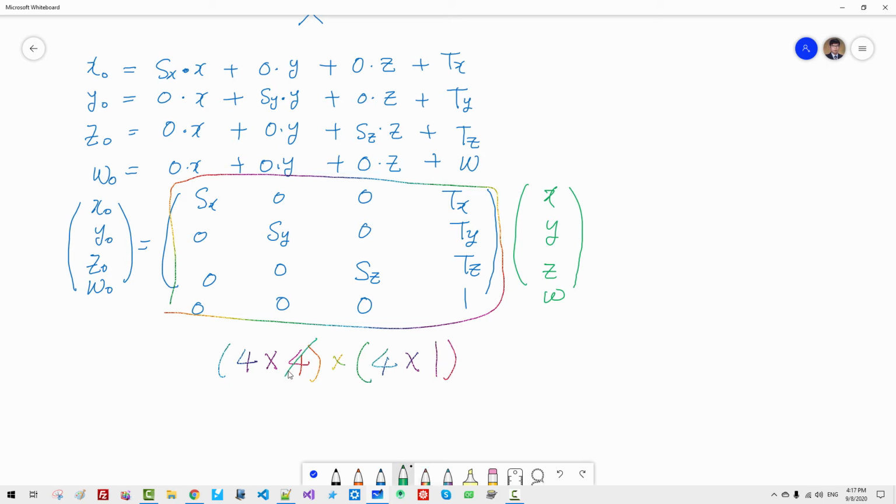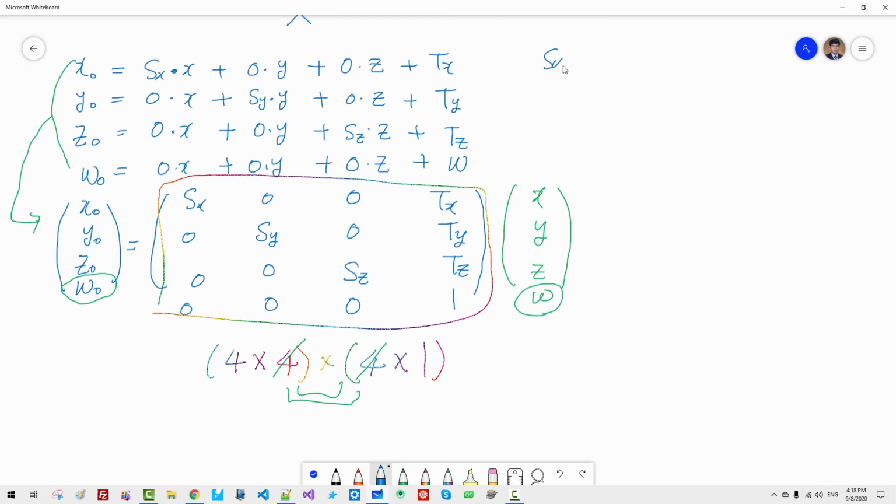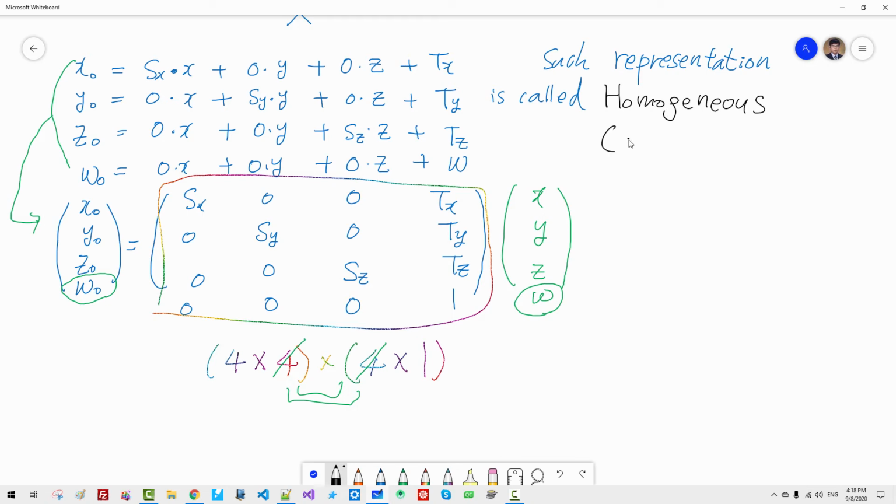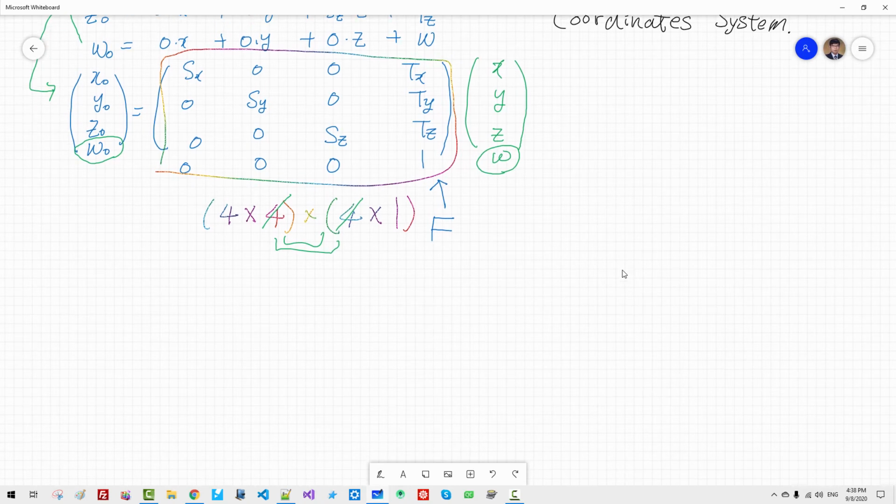So the column count of this matrix and the row count of this matrix match. We successfully represented this system as a matrix by introducing wo and w. Such representation is called the homogeneous coordinate system. Now scroll up.